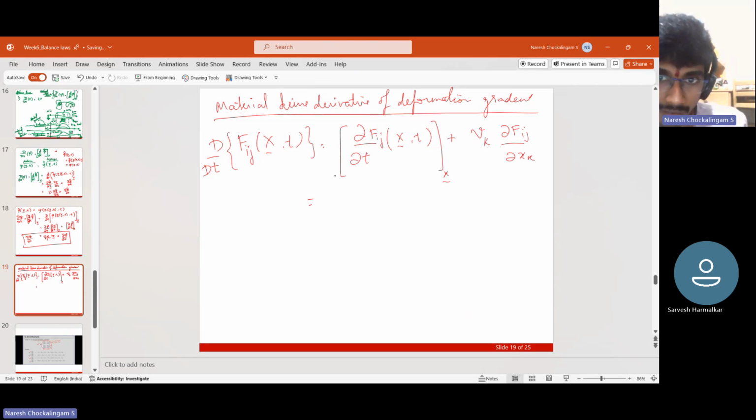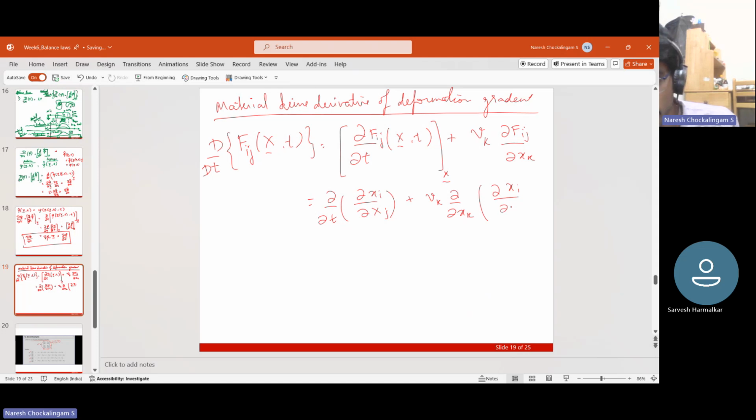This is okay. Now, this is with the understanding this is constant. So now let us find out what this is. This is nothing but dou by dou t of, what is Fij? Dou xi by dou Xj, plus Vk dou by dou small xk of dou xi by dou Xj. But what is dou xi by dou xj?